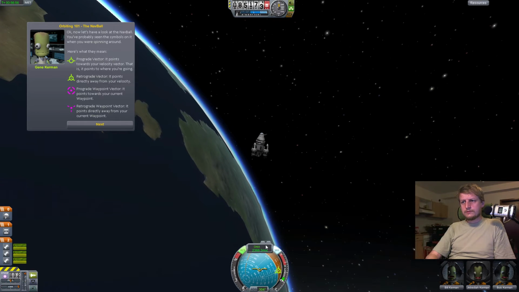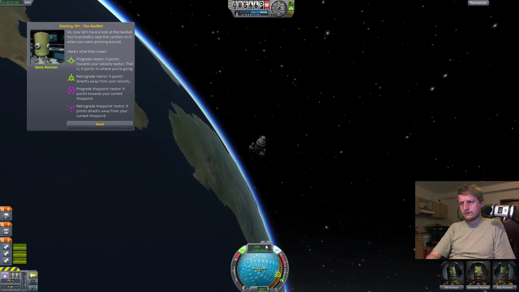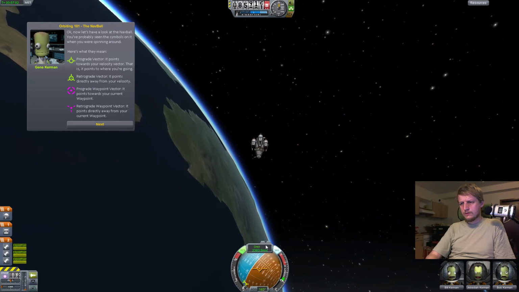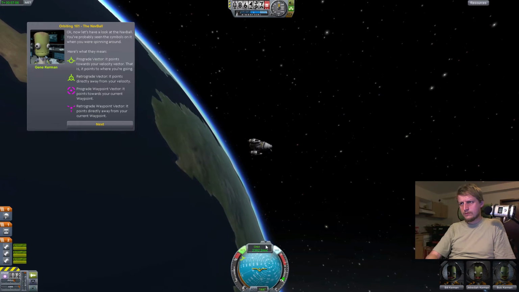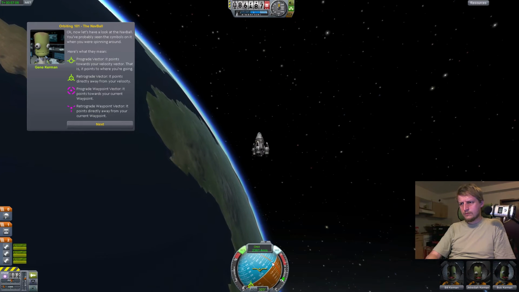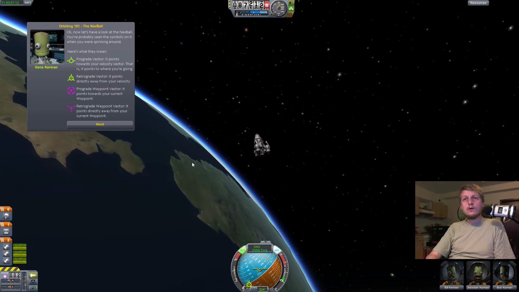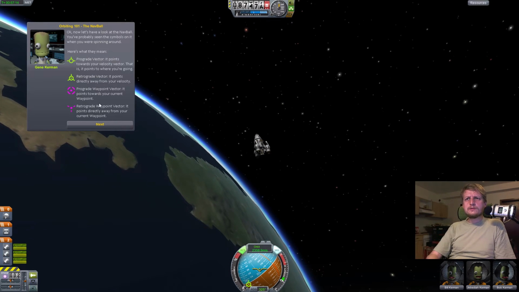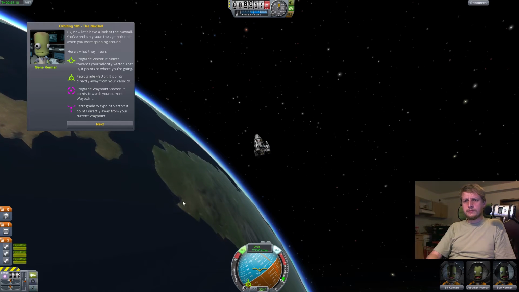Okay, prograde waypoint vector. It points towards your current waypoint. Okay, we have no waypoints, do we?